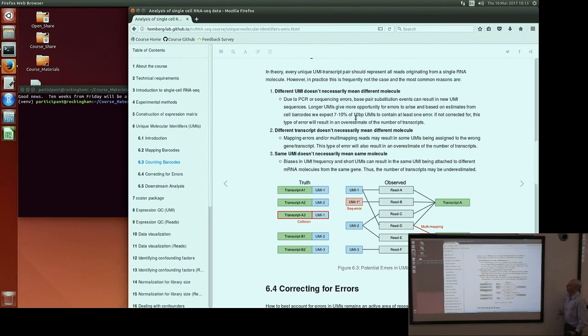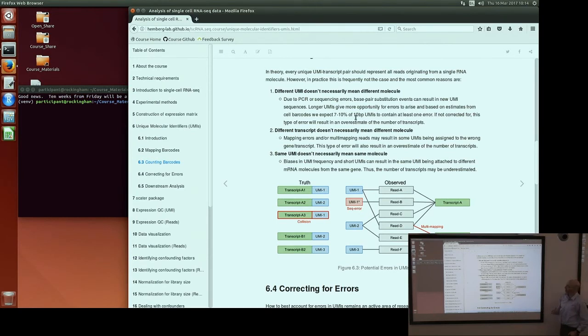Now, a different problem is that you can have different multi-mapping issues where you end up having the same reads coming from different transcripts, but the transcripts look the same because the 3' ends, if that's where you have your tags, are so similar.